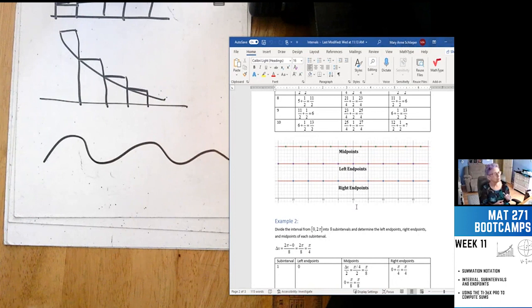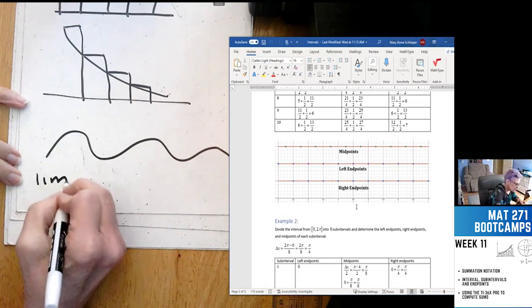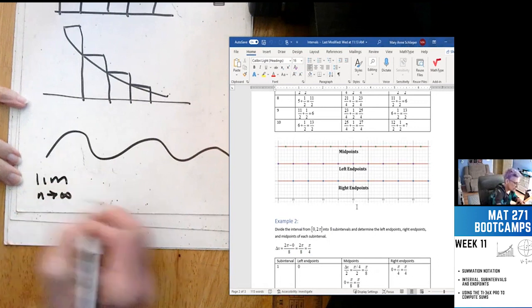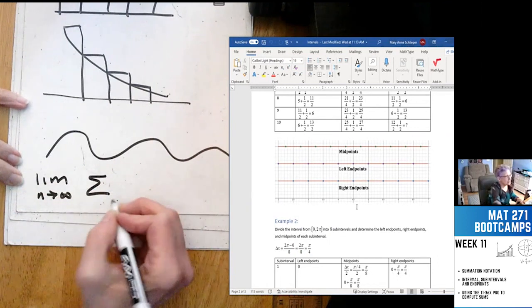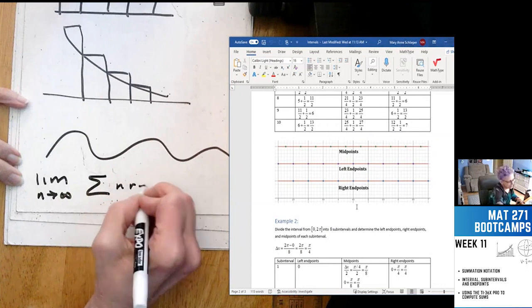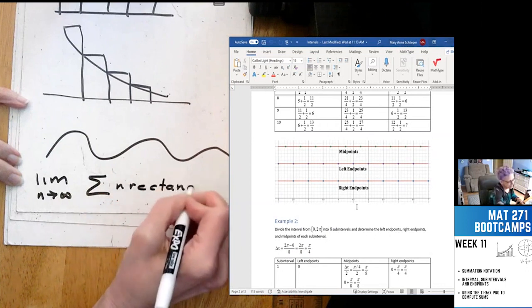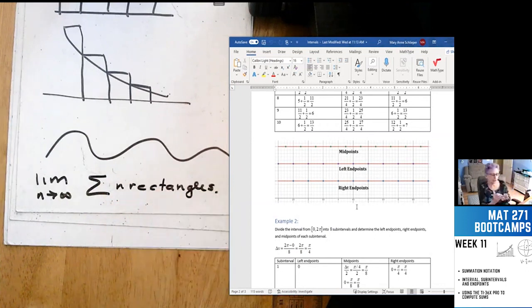Will it ever get to a point where we can do that with the changing in slopes? What we do is we take the limit as n approaches infinity, where we do the sum of n rectangles. And you will learn to do what's called an integral, and the fundamental theorem of calculus teaches us how to calculate that.